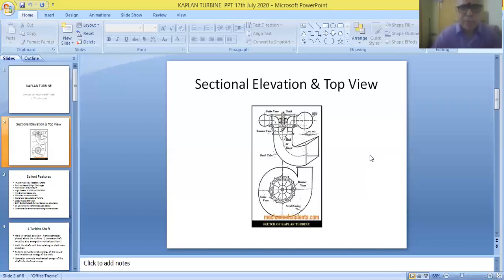And as mentioned just now, the inlet of the draft tube will be circular in cross section, that is fitted to the outlet of the runner. And the outlet of the draft tube is rectangular in cross section, that is submerged in the tail race reservoir.